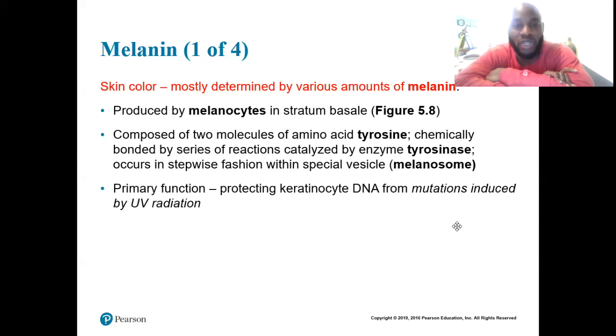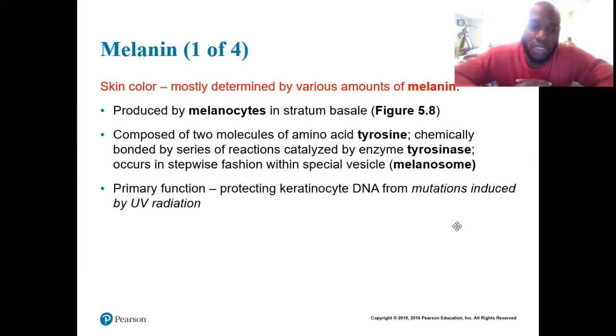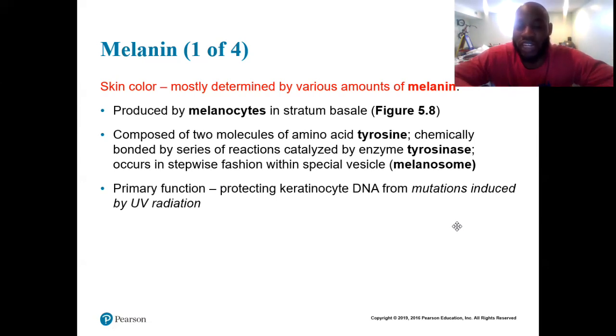Melanin is composed of two molecules of amino acid tyrosine. They're chemically bound by a series of reactions that occur in a certain stepwise fashion in a special vesicle called a melanosome. And the primary function is to protect the keratinocyte DNA from mutations by UV radiation.